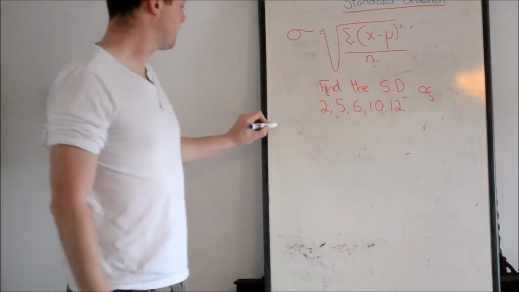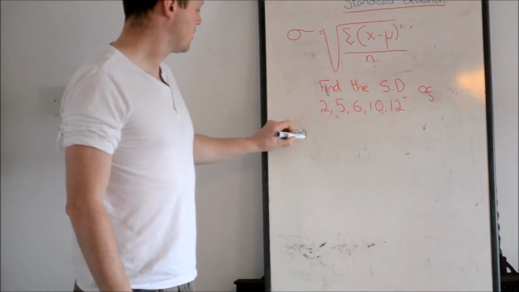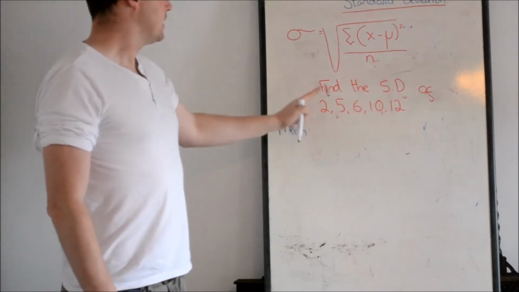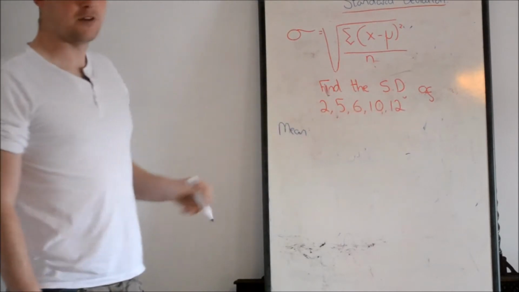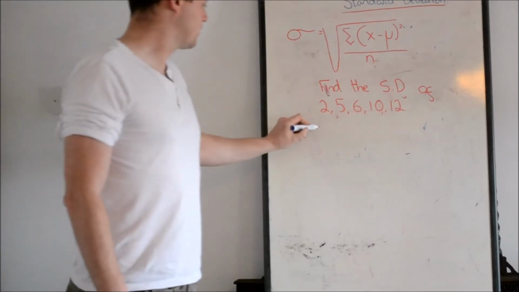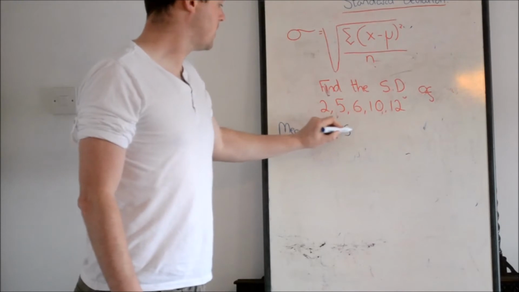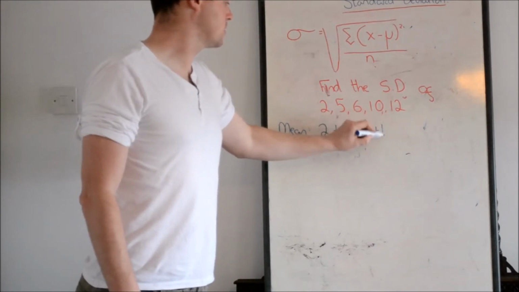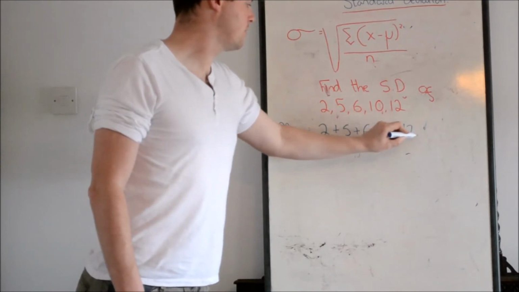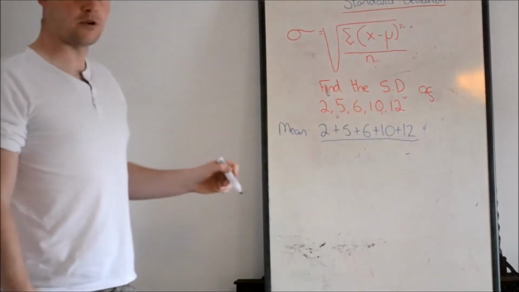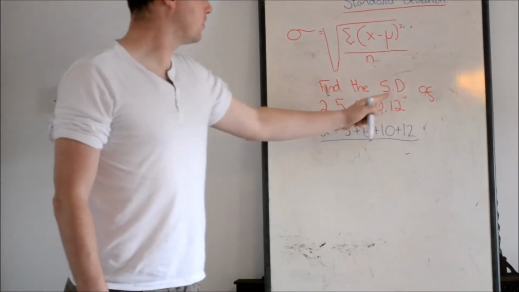Now the mean, as you know at this stage, is you add up all the numbers and divide by the number of numbers. So let's do that. 2 plus 5 plus 6 plus 10 plus 12 all over the number of numbers. 1, 2, 3, 4, 5.